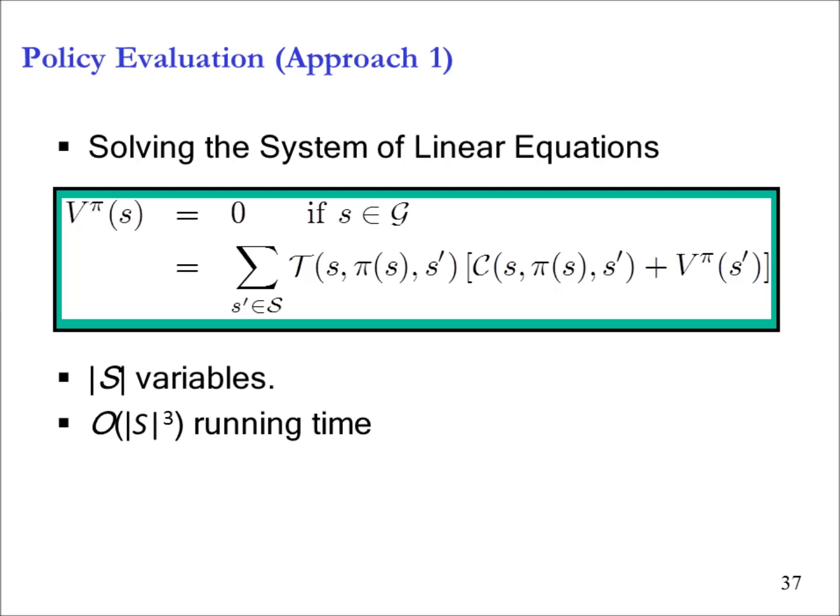And that is defined exactly as the cost of reaching the goal starting in a state. That's recursively defined. So that will be my long-term cost. But I'm going to reach different states with different probabilities, so I take an expectation over the various states I can reach. This is my system of linear equations.